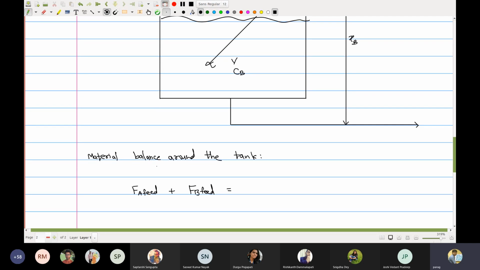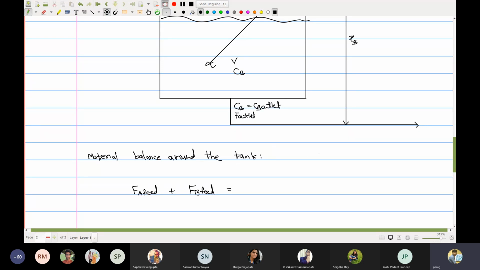Let's say this is F outlet, the overall outlet, in which the concentration of B would be simply CB, and you can call this CB outlet, the outlet of the tank.